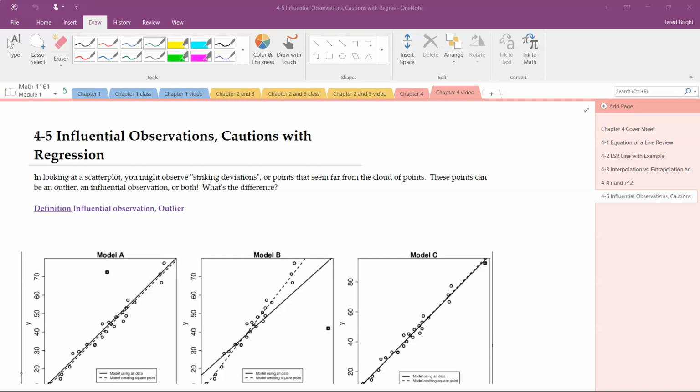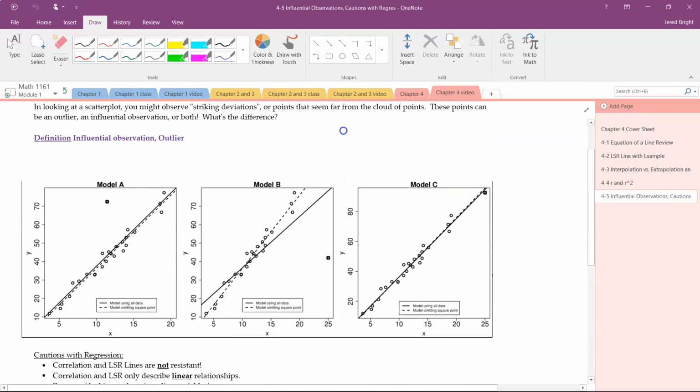So what's the difference, right? An influential observation is by definition any observation that changes the calculation of correlation significantly, okay? So to distinguish the idea, we're going to look at 3 models, and in each model, I want you to look at this square dot. It's kind of small, I'll highlight it so we're aware.